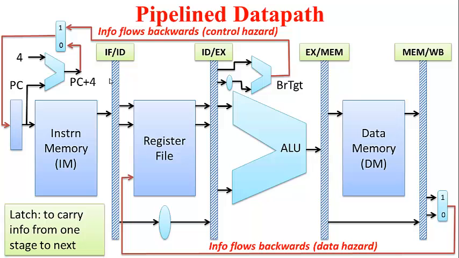For example, let us say instruction number K enters the pipeline in cycle number 1. So instruction number K will move to the second stage in cycle number 2, whereas instruction K+1 would have entered the pipeline in stage 1 by cycle 2. The immediate value present in instruction number K has to move from this latch to the next latch as the instruction moves from stage 2 to stage 3.